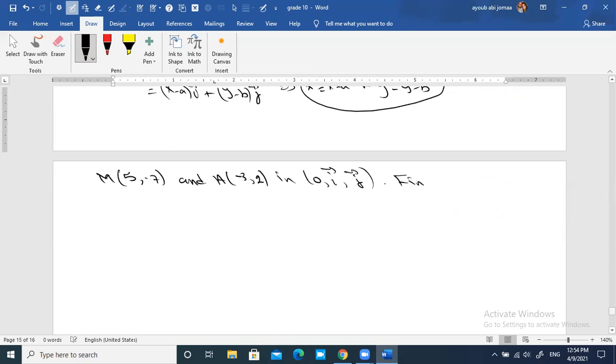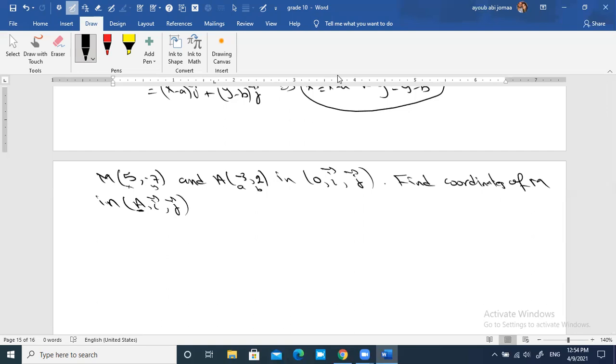Required to find the coordinates of M in the system AIJ. The new origin now is A. And the coordinates of point M in the old system are X and Y. Required to find the coordinates of point M, let's call them X prime Y prime, in the new system AIJ.